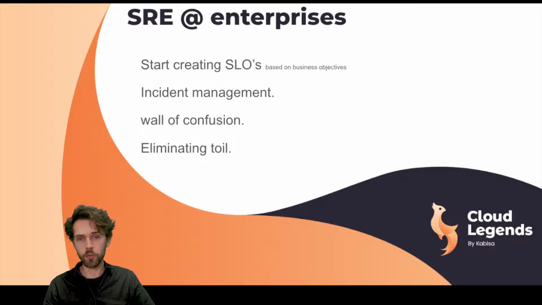Maybe the wall of confusion is very strong. Developers not understanding why their features are not getting through, while the operators are scrambling to keep all of it stable.